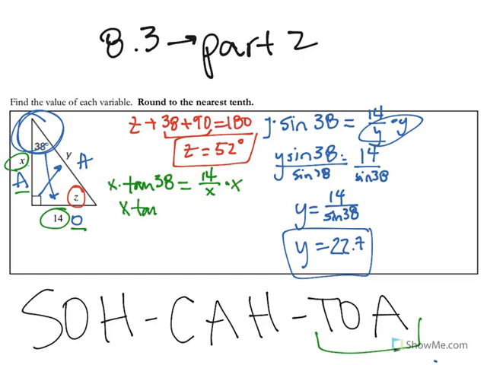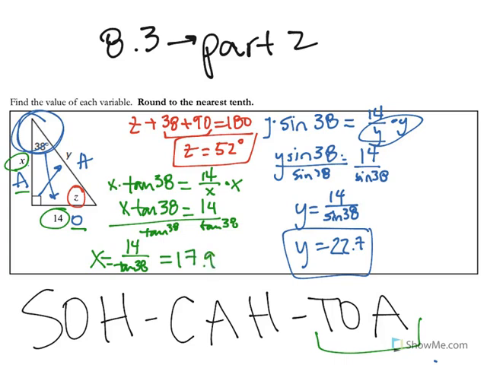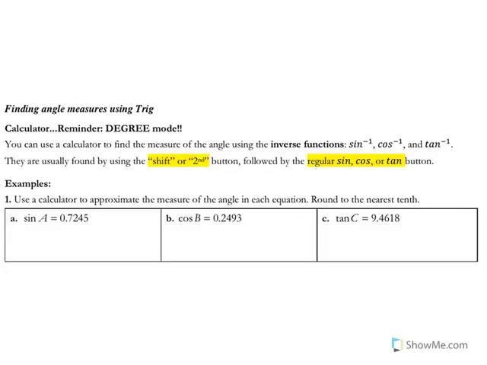I have to multiply the denominator to both sides, so I get x times tangent of 38 equals 14, and then I'm going to divide by tan 38 from both sides. x equals 14 over tan of 38, and I'm going to throw that in my calculator. 14 divided by tan of 38 is equal to 17.9. All right, not bad.